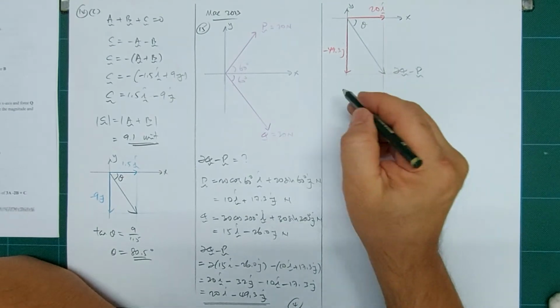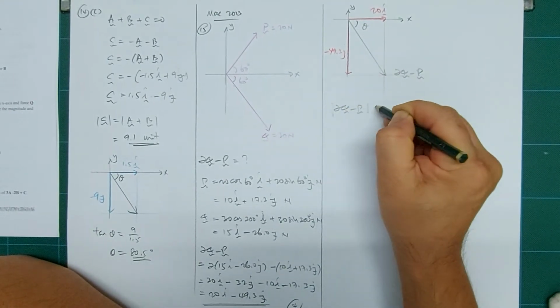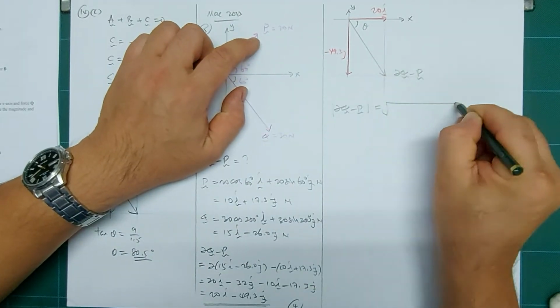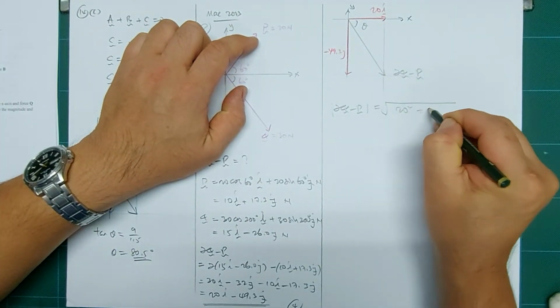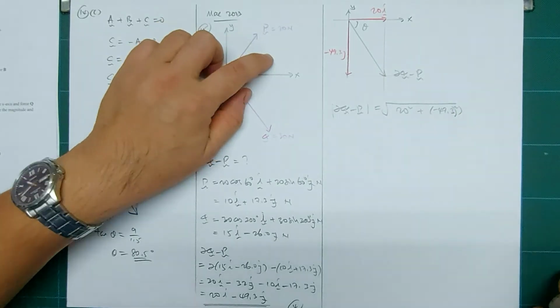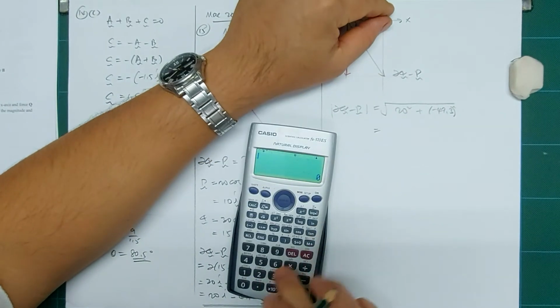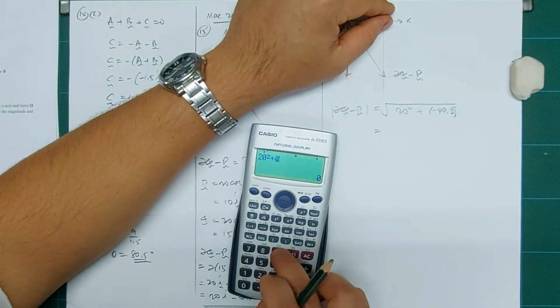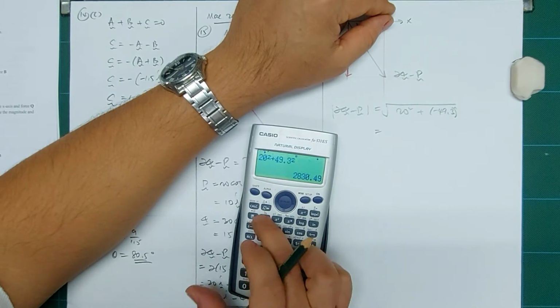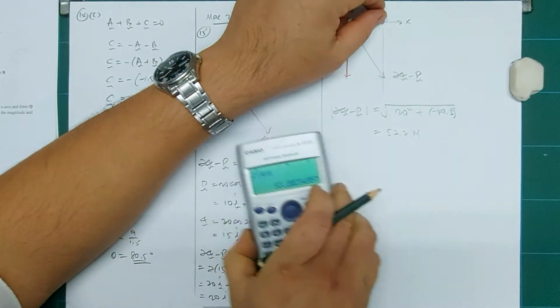So now we can calculate the magnitude. 2q minus p, magnitude is square root of that one square plus negative 49.3 square. Oh, sorry, square outside. So that's our answer. 20 square plus 49.3 square and square root. You have 53.2 Newton.